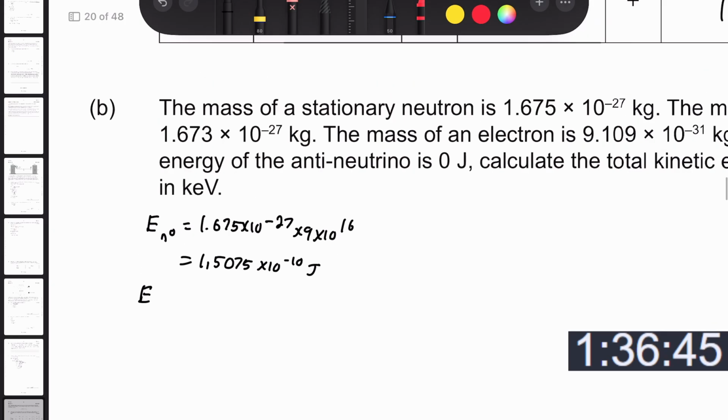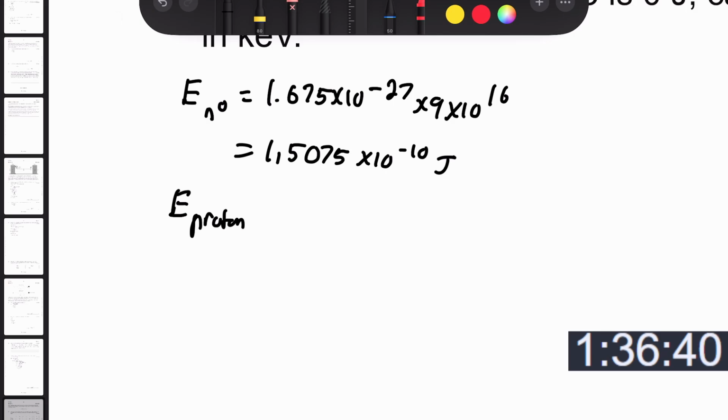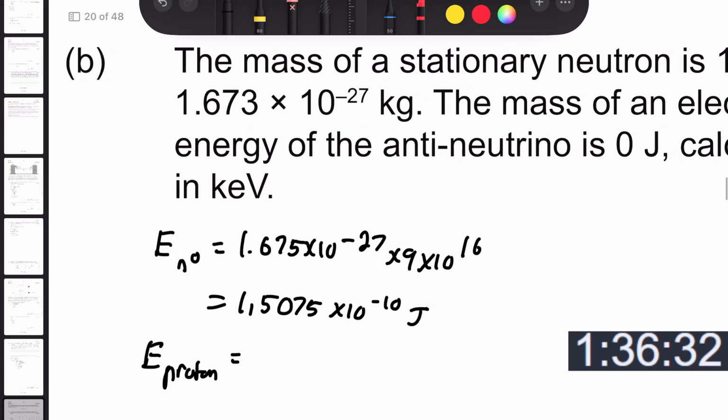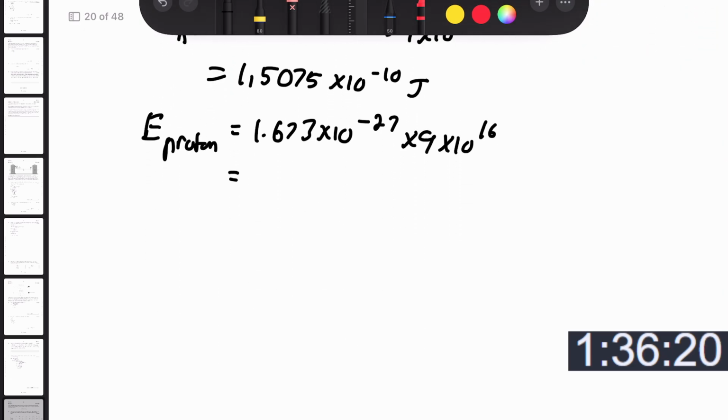The energy of the proton is equal to 1.673 times 10 to the negative 27 times 9 times 10 to the 16, which is 1.5057 times 10 to the negative 10 joules.